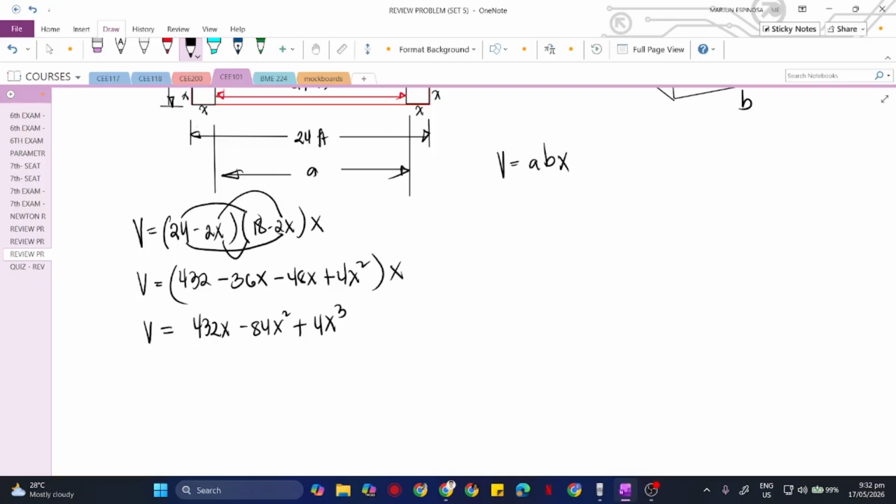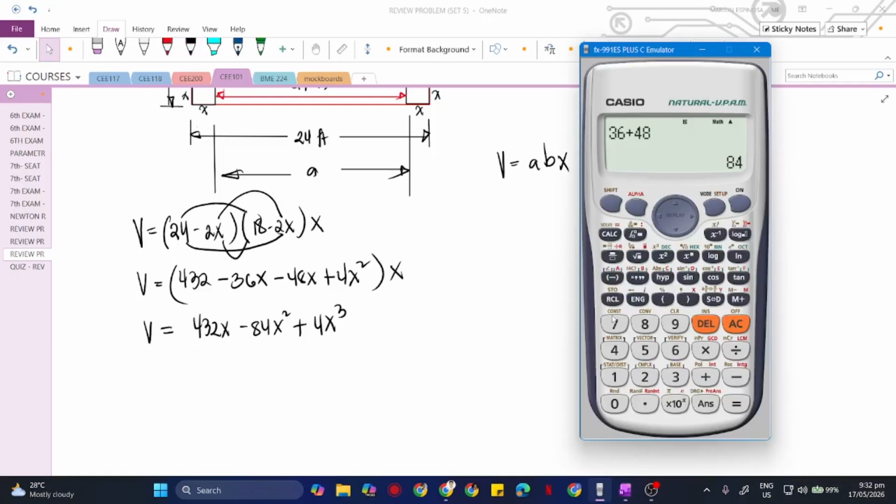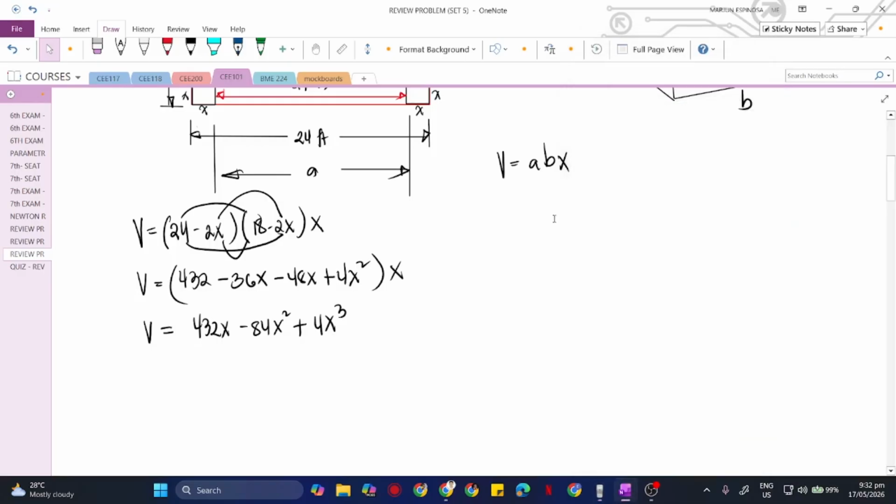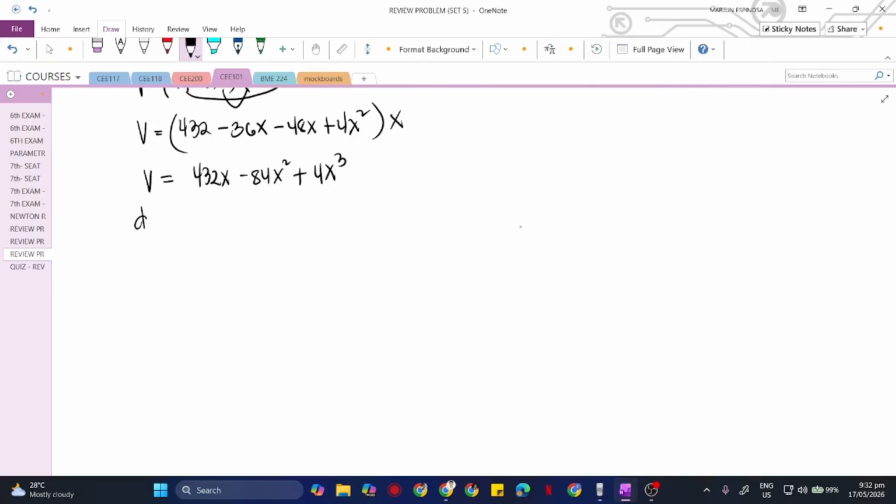So we now have the equation of the volume that we want to maximize. Let me just check this for a while. Is that correct? 36 plus 48 would give us 84. That's correct.